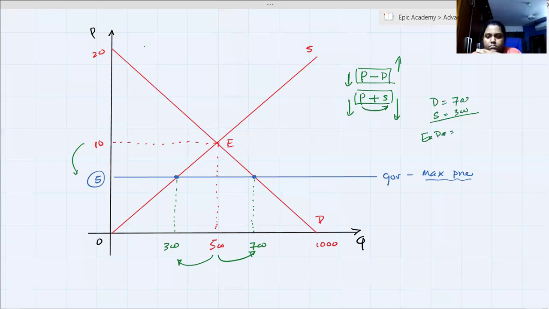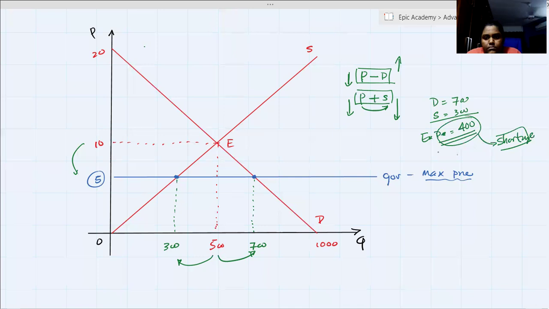The supply amount is not enough to fulfill the entire market demand. You can identify 400. That's the meaning of excess demand, and that means this is the shortage. A 400 shortage must be there.